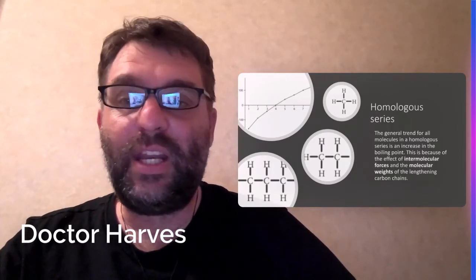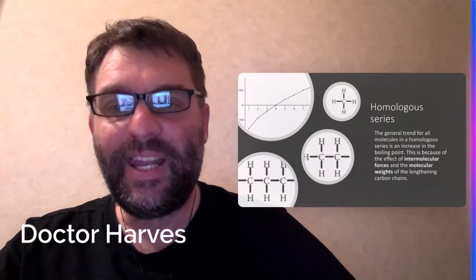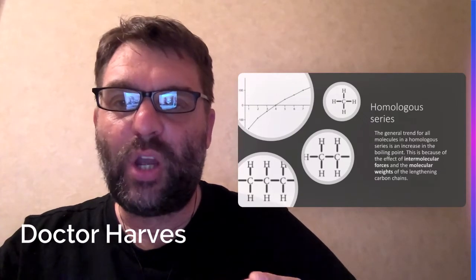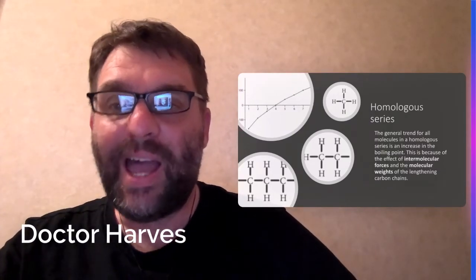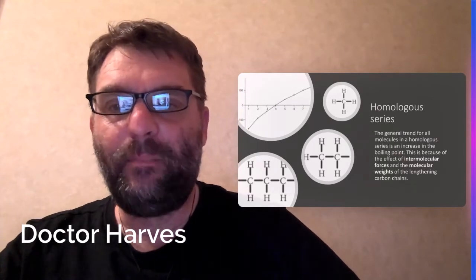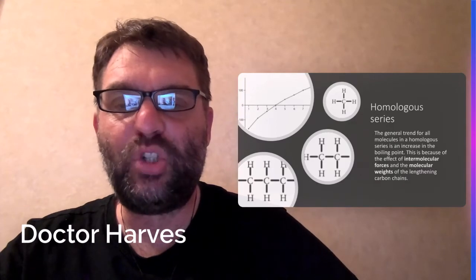And also the lengthening of the carbon chain, because as the carbon chains lengthen, you're going to get more intermolecular forces between the associated molecules, harder to break, so more energy is required to break them apart to make them change state.